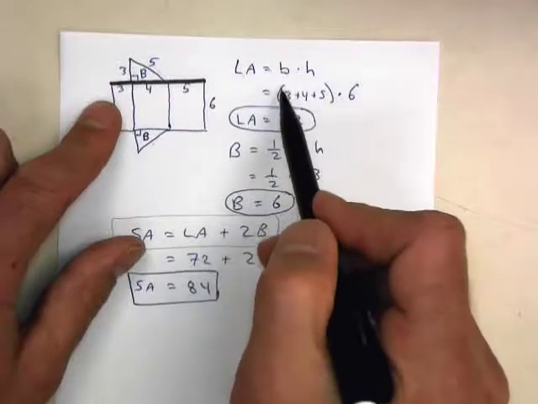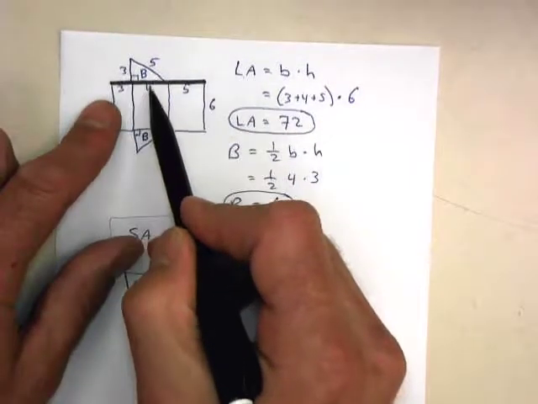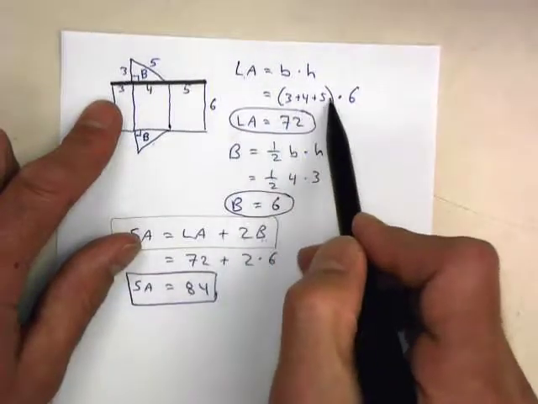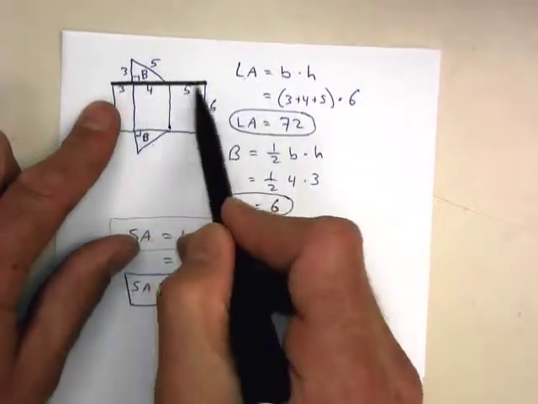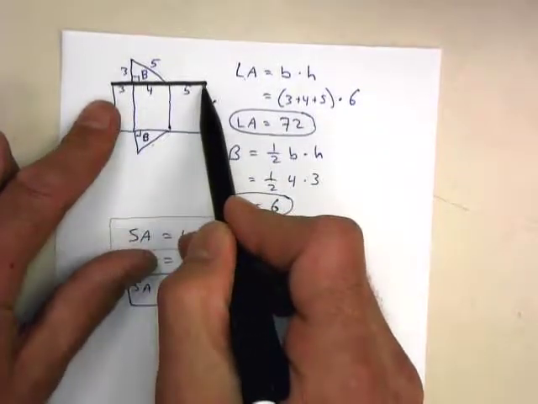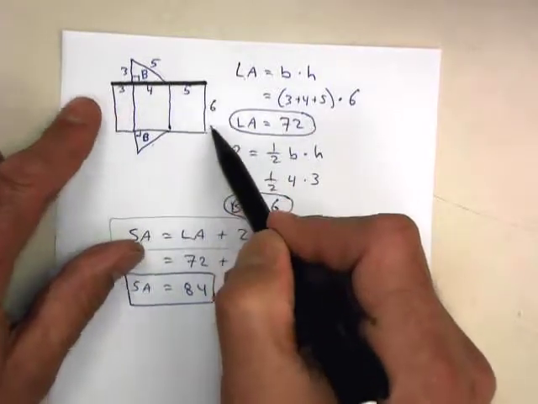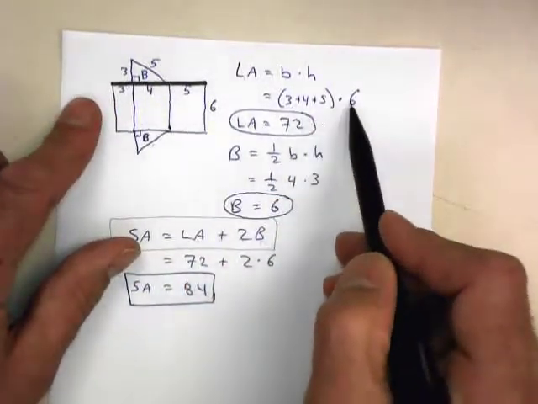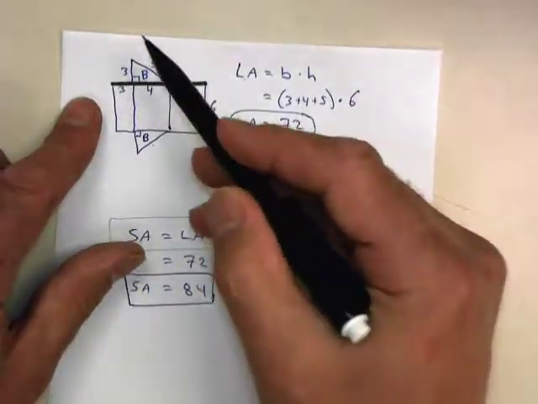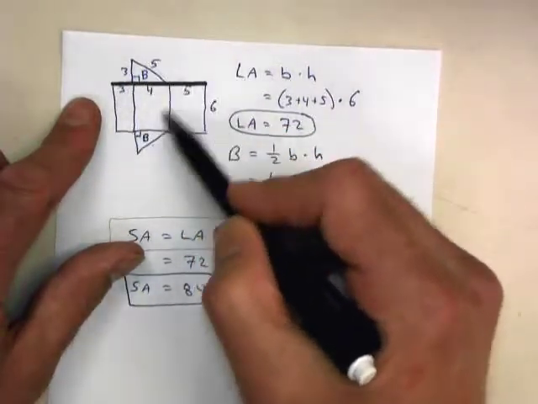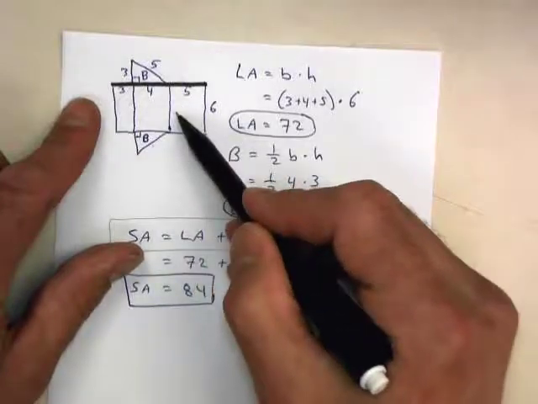Probably a better way of thinking about it would be 3 plus 4 plus 5. And there's the length of this rectangle, and then times 6, which is the height of that rectangle. So multiplying these gives me 72. So this lateral area is 72.